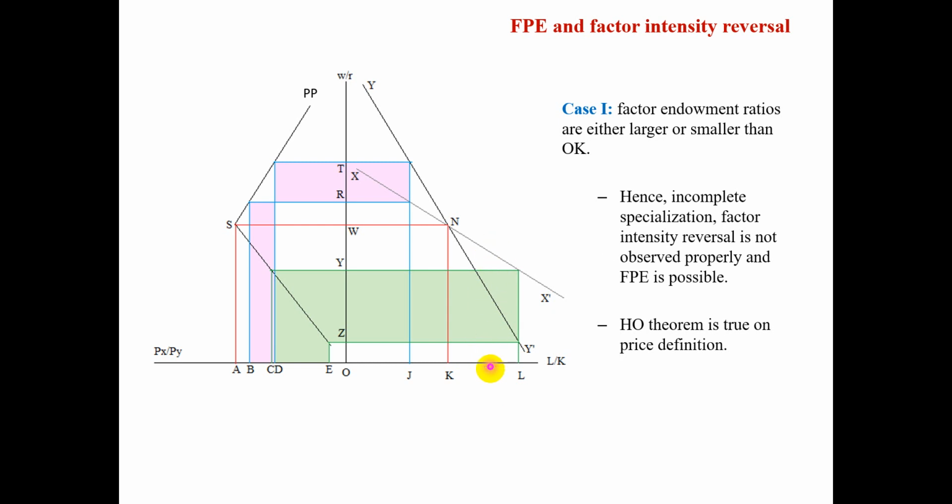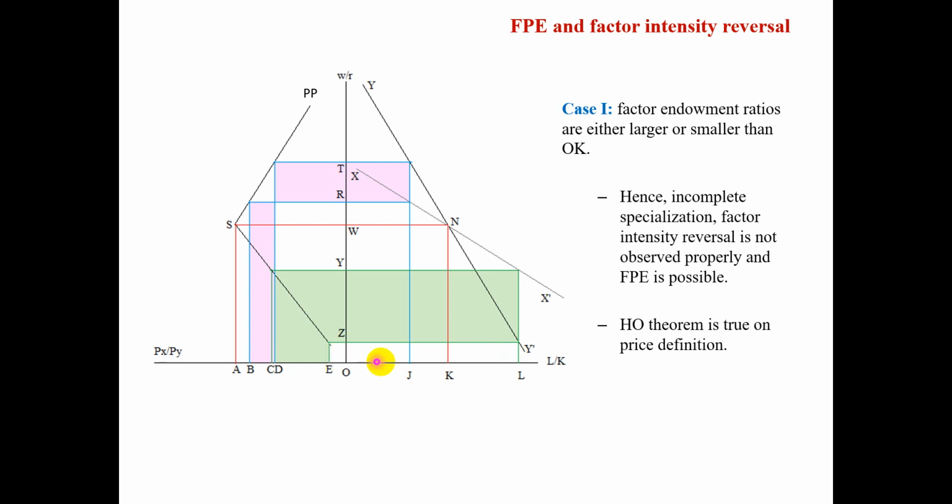So for them, X is relatively more capital intensive. So the Heckscher-Ohlin theorem will be true on the basis of the price definition, and then the factor price equalization is possible if the zones of factor prices and the commodity prices overlap.